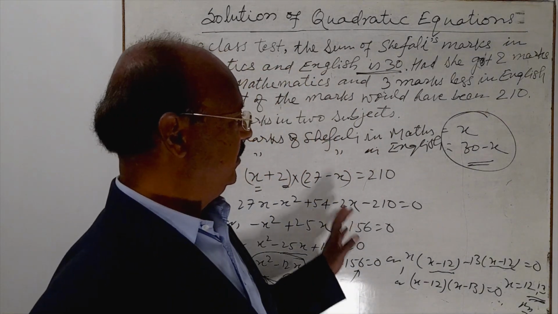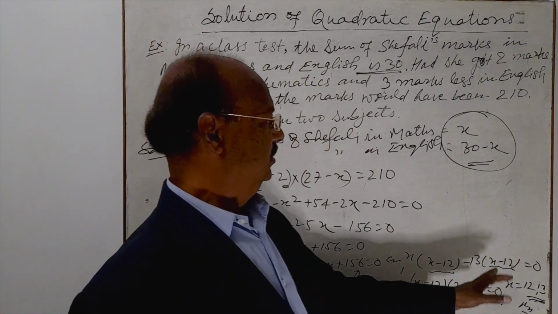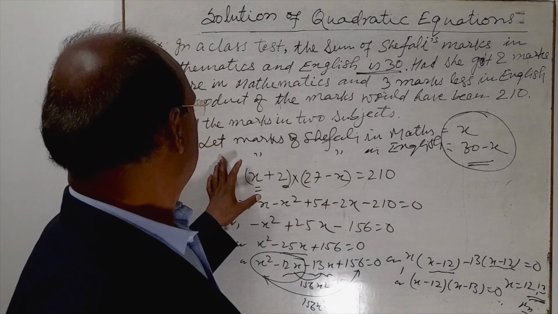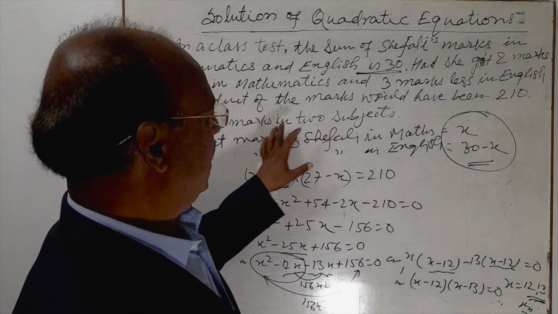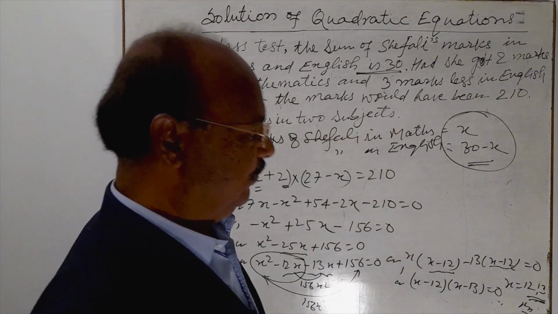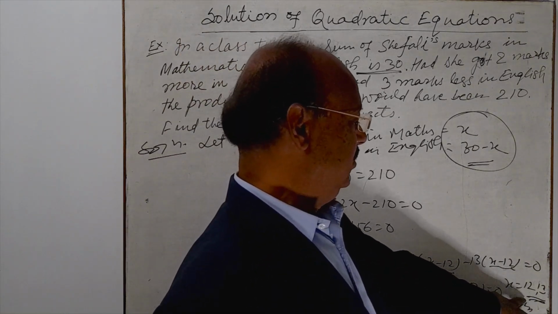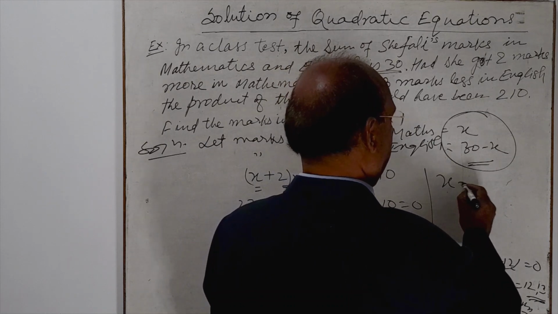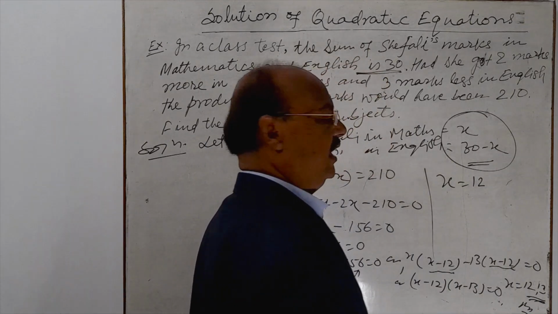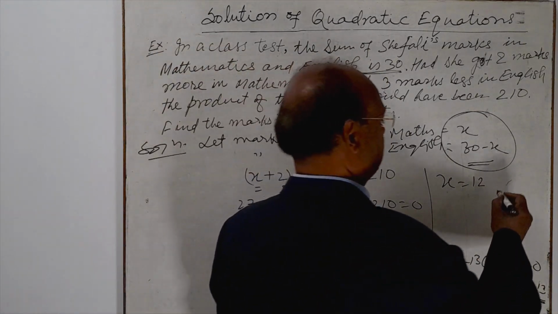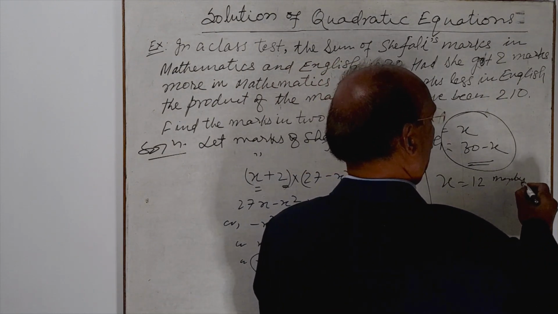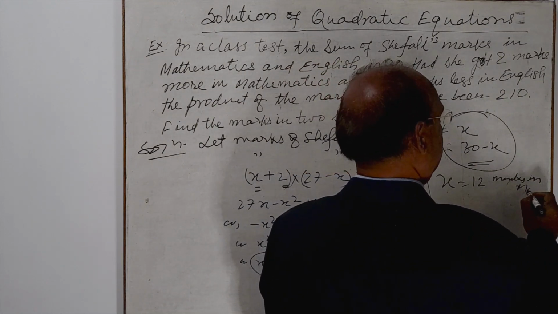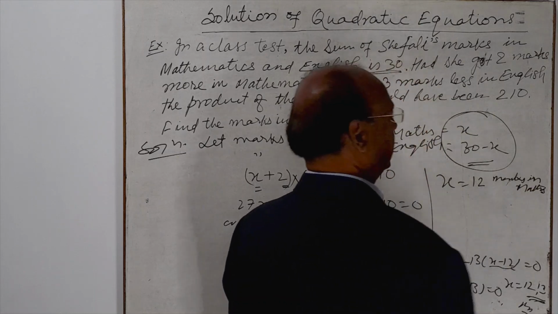Correct? So in this way, we can get the required answer, which is the marks in 2 subjects. So this is the marks in 1 subject, in mathematics. Here we have got x is equal to 12. This is the marks in maths. And how can we get the marks in English?